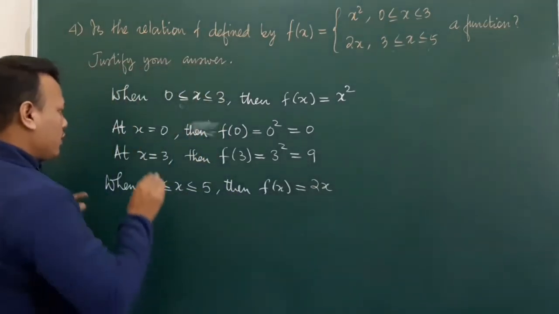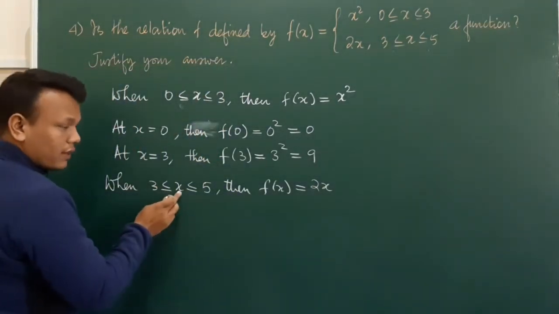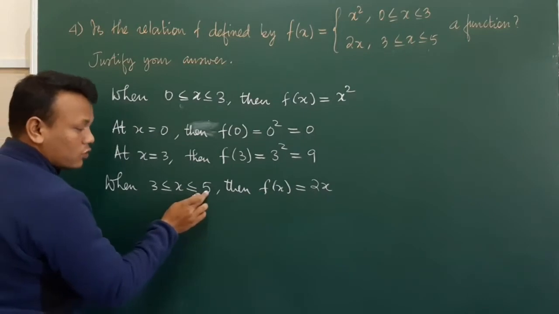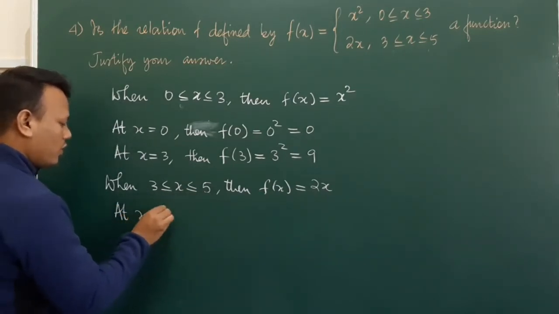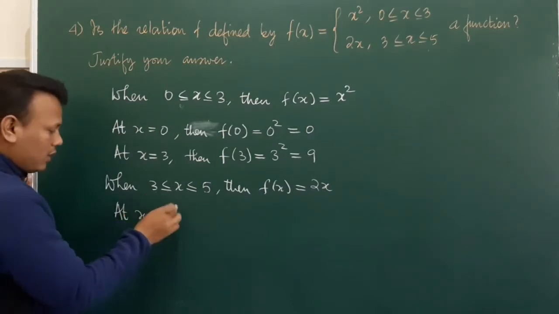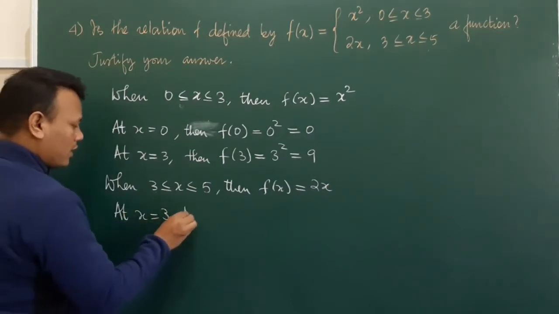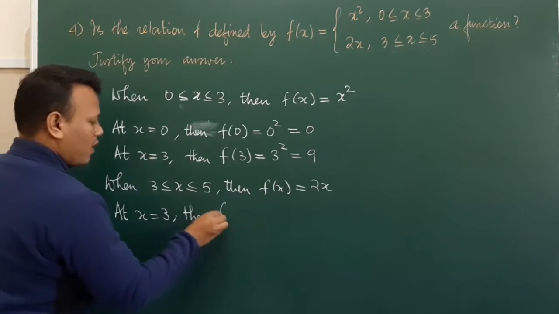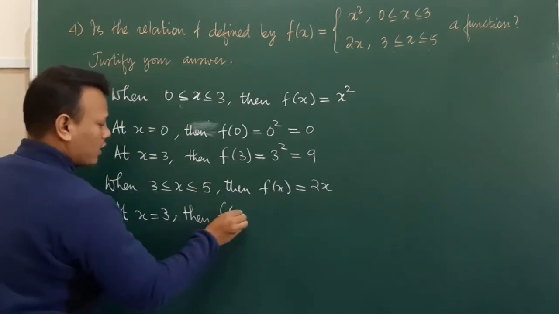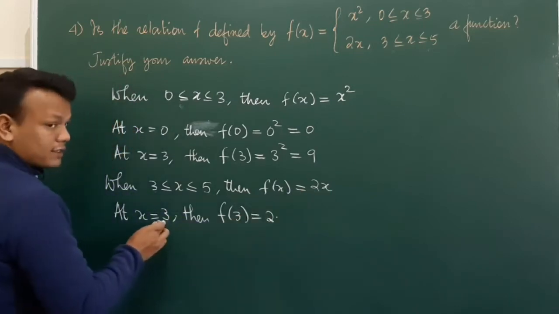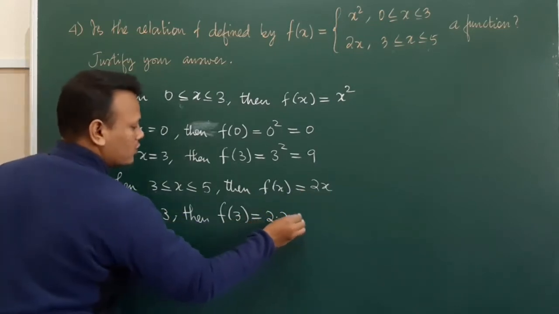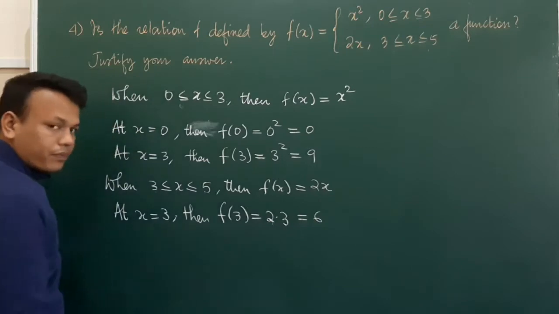Now let's see what the values are when x is equal to 3 and when x equals 5. At x equals 3, you can clearly see that there is an equal to sign. So at x equals 3, f(x) equals 2 into x, and x is taken to be 3, so 2 into 3 is 6.